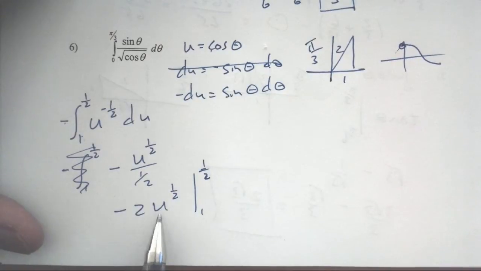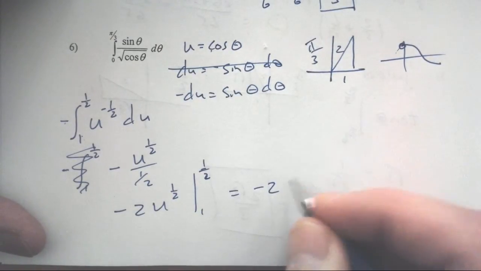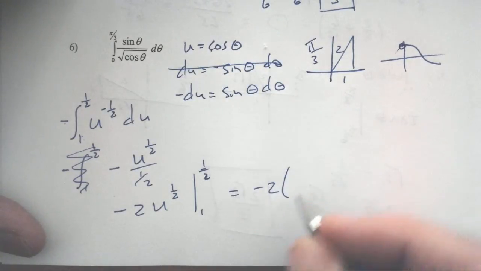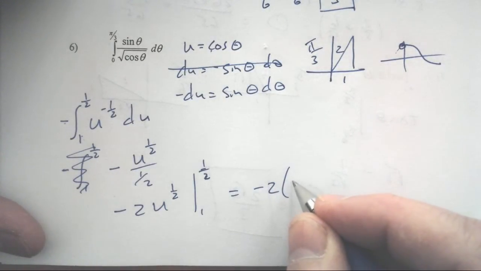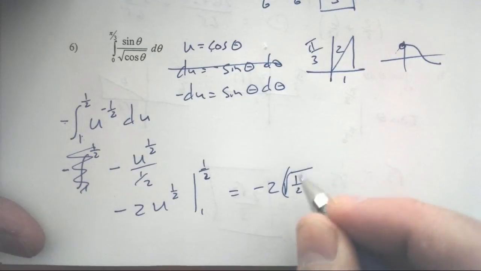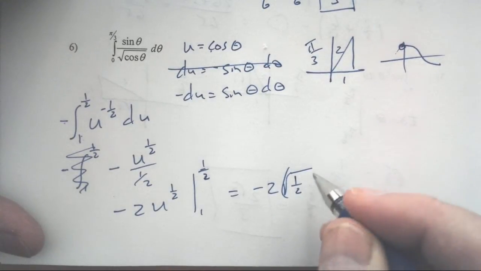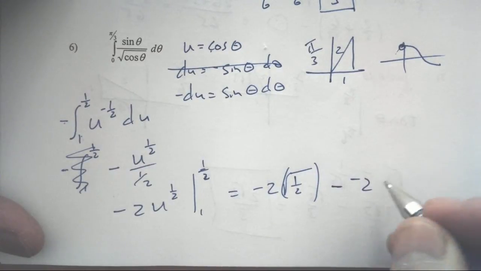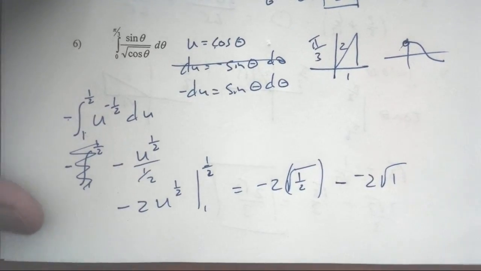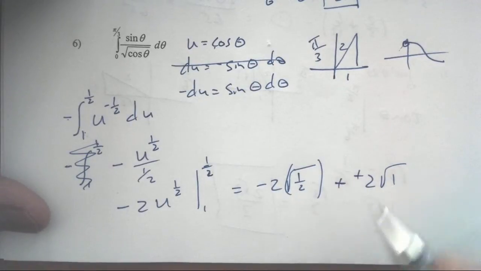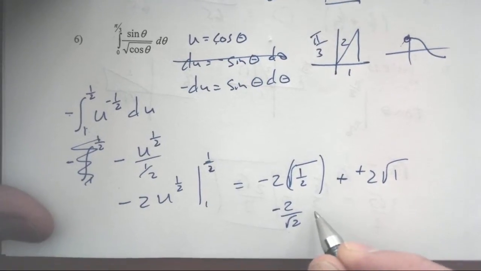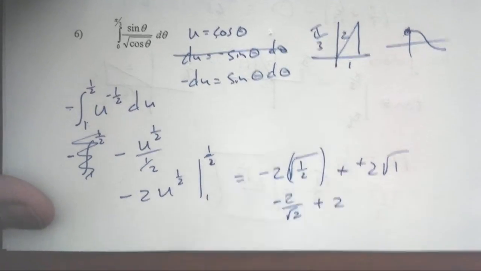Put in 1/2 first, and I get negative 2 times 1/2 to the 1/2, or square root of 1/2. And I get minus negative 2 times square root of 1. So plus positive, I get negative 2 on root 2 plus 2.